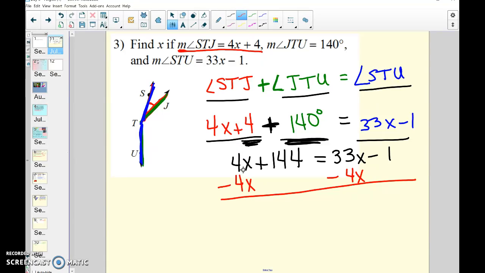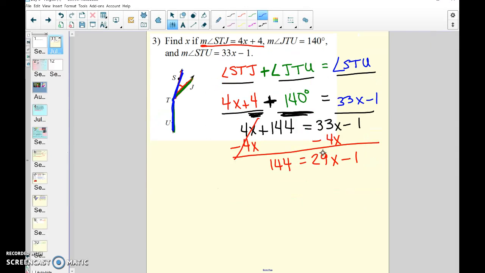So positive 4x minus 4x, because what's 4 minus 4? 0, and it cancels out. That's the whole point of algebra. Kind of refreshing our memories on that. It's been a little while for some of us. Hopefully that rings a few bells. 144 now drops down. 33x minus 4x is 29x. Got to take that with us.